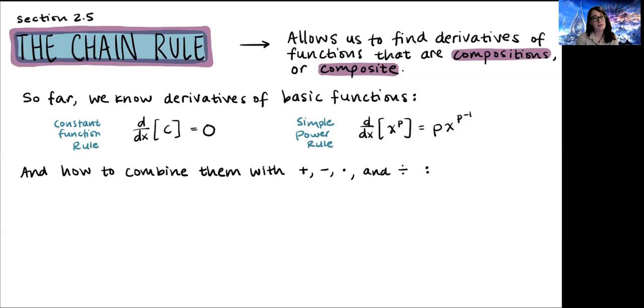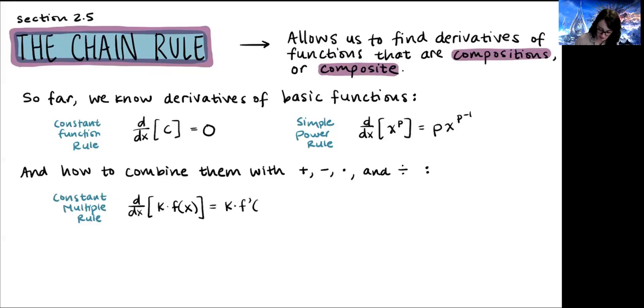Then we learned how to combine these kinds of functions together with addition, subtraction, multiplication, and division. So we next saw what happens when we multiply a function by a constant. This is called the constant multiple rule. If we take the derivative of some constant times some variable stuff, so I'll just write f of x, could be anything, that constant just multiplies by the derivative of whatever the variable part is.